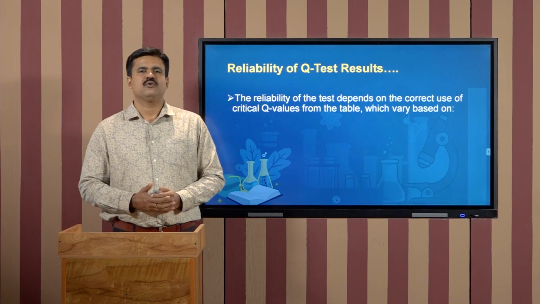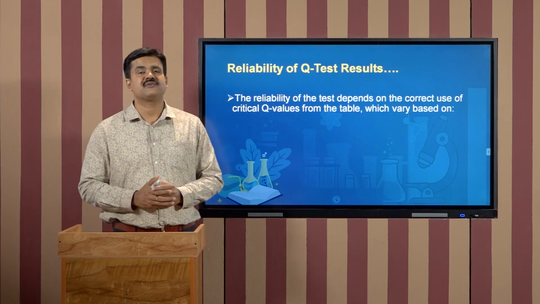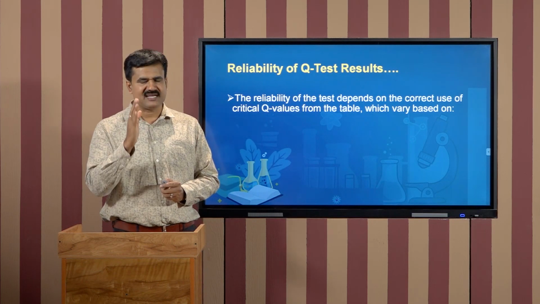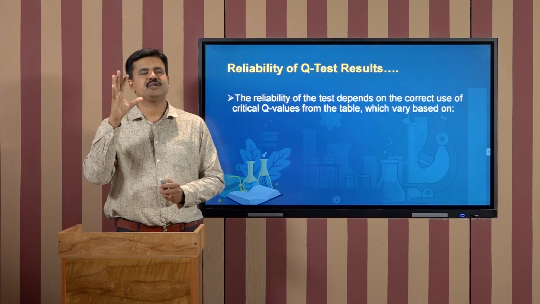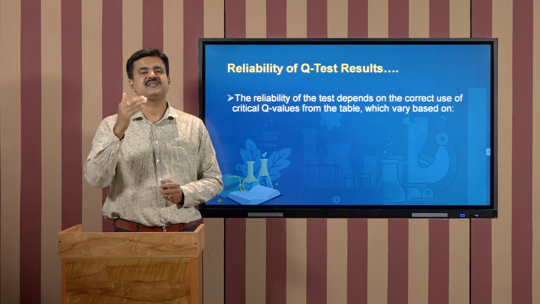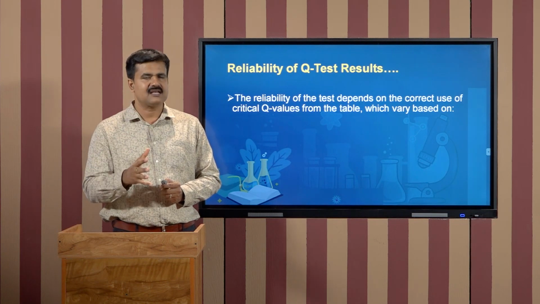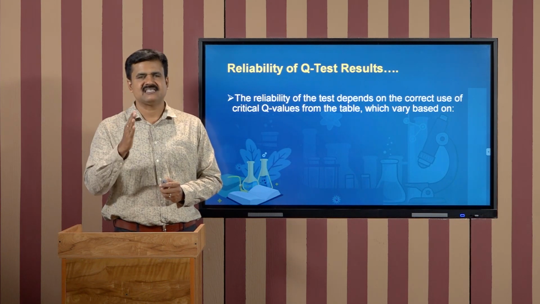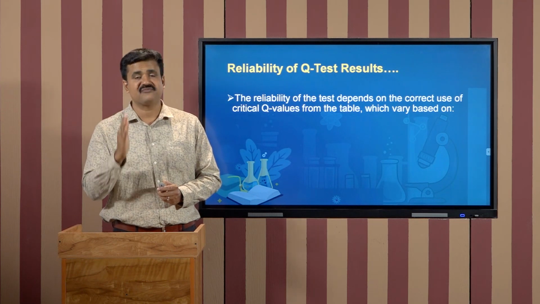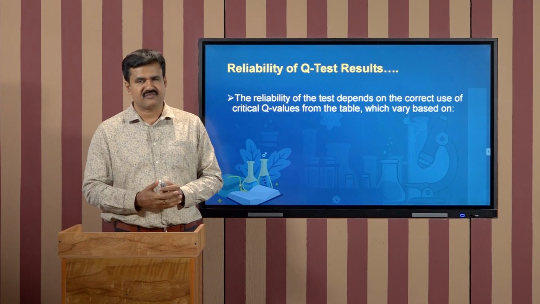The reliability of the test depends on the correct use of the critical Q values from the table. You should keep in mind that there is a standard Q table. The values obtained from the table are known as Q critical. Before selecting the Q critical, you have to select the confidence level, and in many chemical analyses 95% is the confidence level.